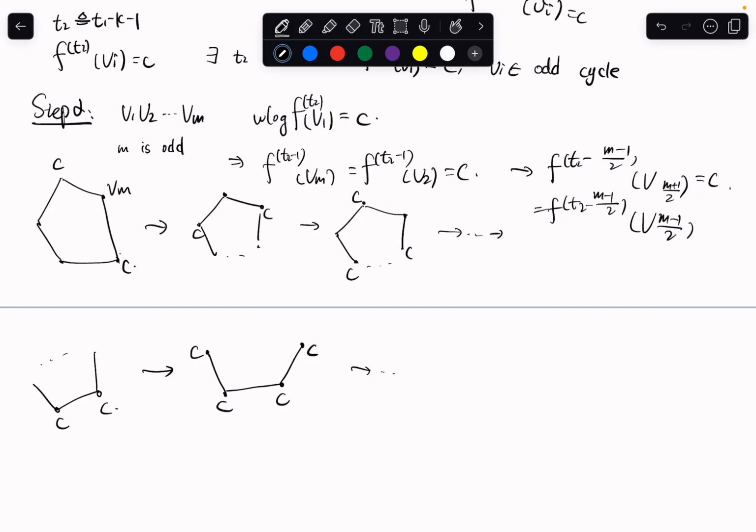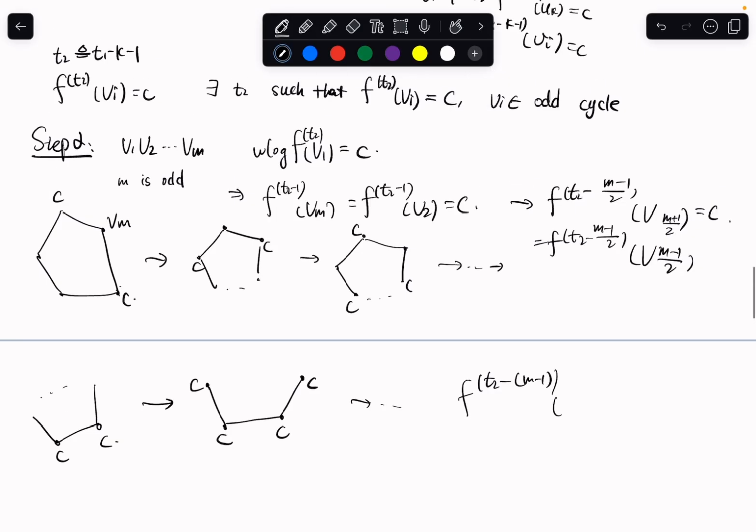Then after some time we have that f_t2 minus i minus 1 is back to v1. Yeah, it's back to v1. It's like back to, well, vm, well, how can I say that? v1, just vm, and equals c.